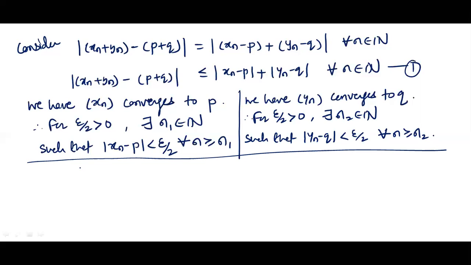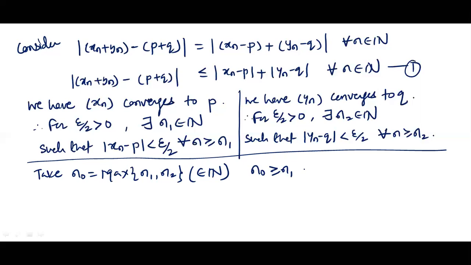Now take a natural number n naught which is the maximum of n1 and n2. Note that n1 and n2 are natural numbers, so the maximum of n1 and n2 is also a natural number, and since n naught is the maximum of n1 and n2, n naught is greater or equal n1 and n2.